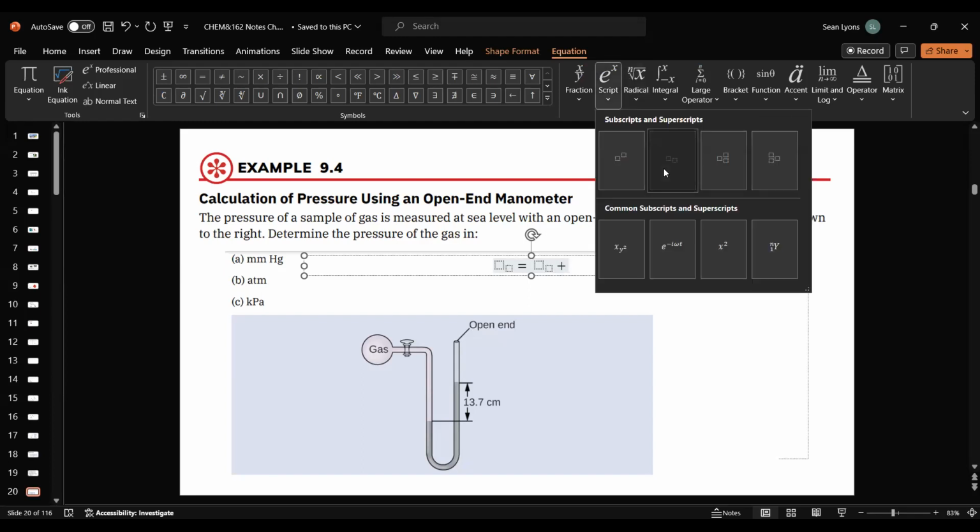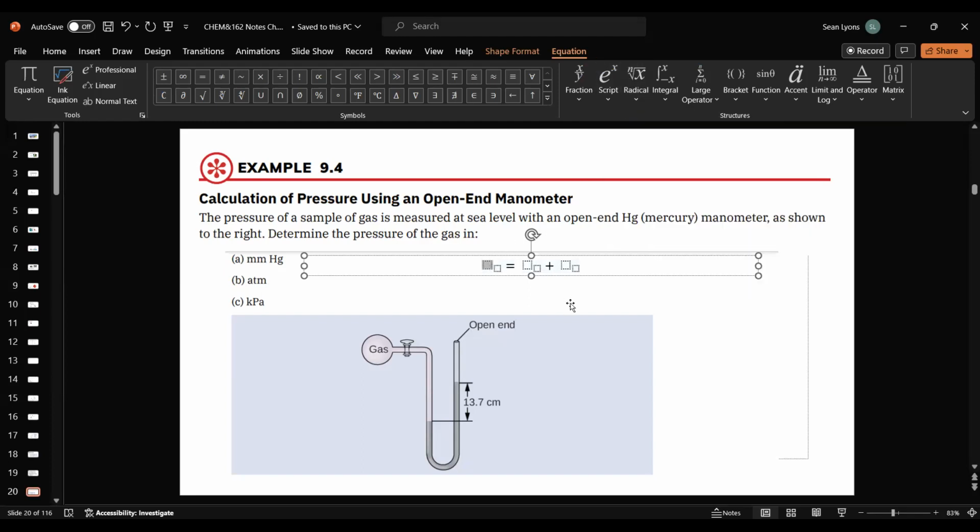Just to make it clear why I was saying we have to include the atmosphere pressure rather than just the 13.7, remember, with this type of setup, we've got the pressure of the gas being equal to the atmospheric pressure plus the pressure from the column, or at least the measurement we get from the column.